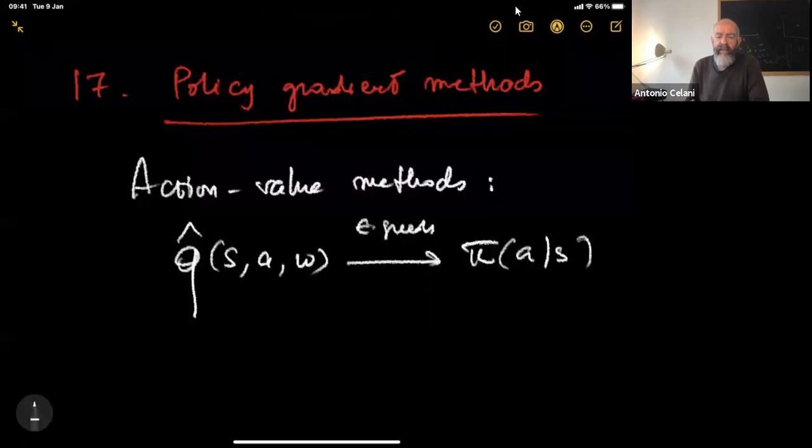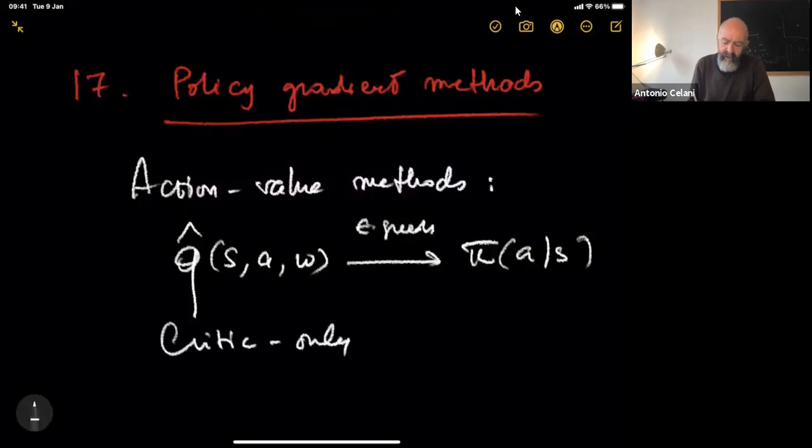This class of methods are also called critic only, in the sense that the important notion is to evaluate the Q function or the value function, and this is what the critic does.